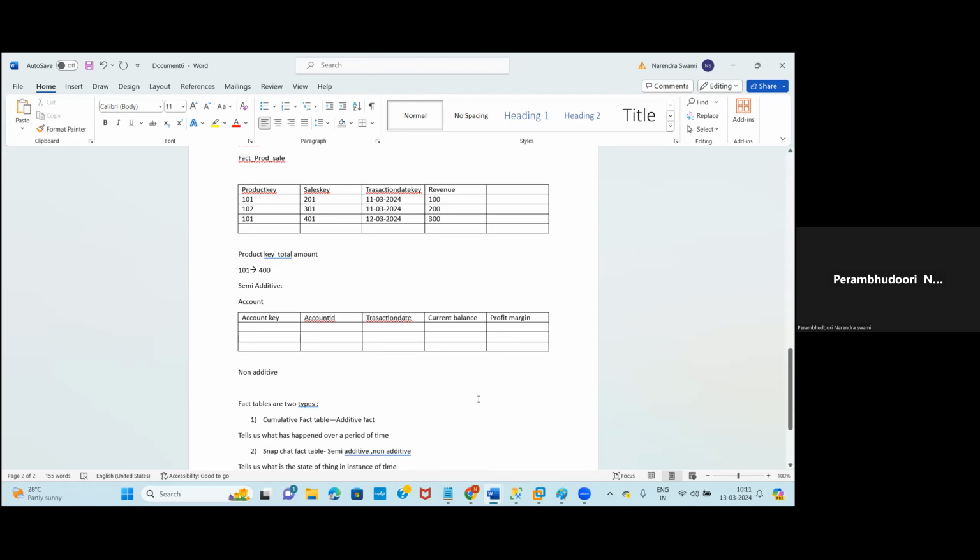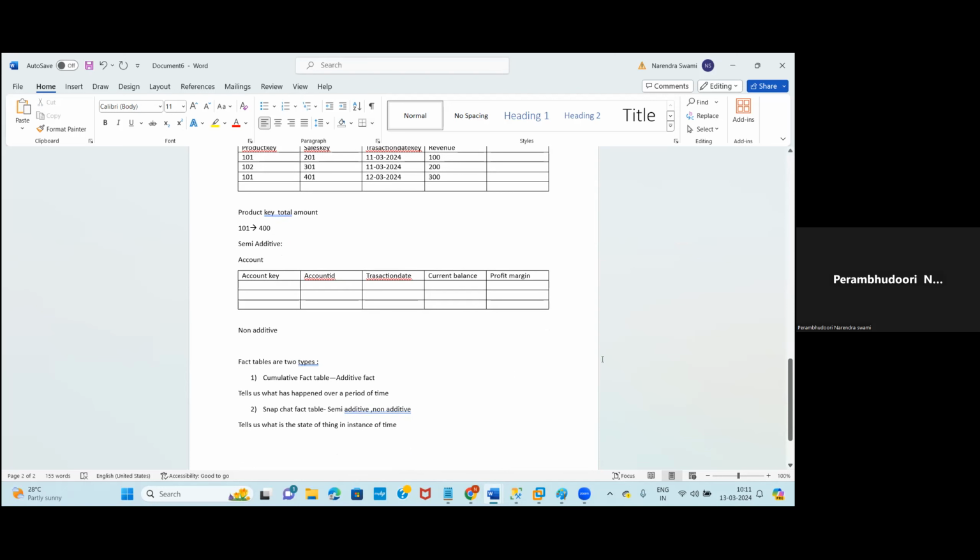That means if you see the example, as I said, of non-additive and semi-additive, by looking at the profit margin you can say that this bank is in a loss or this bank is in a profit.